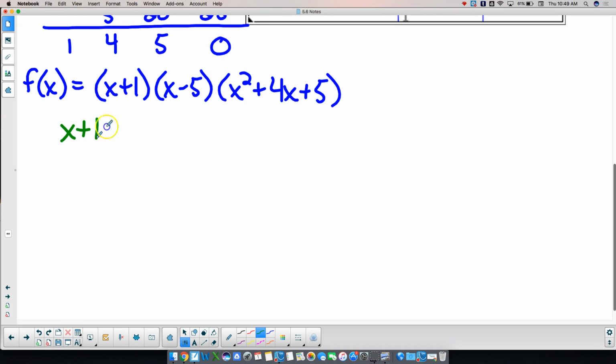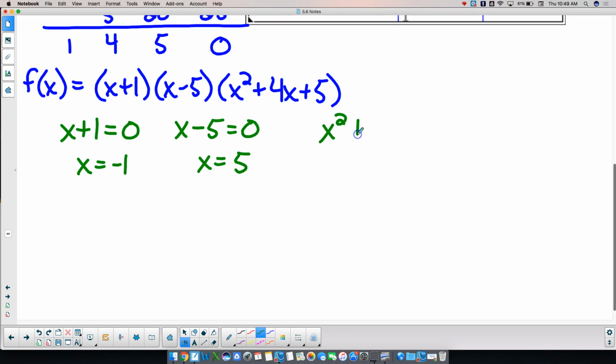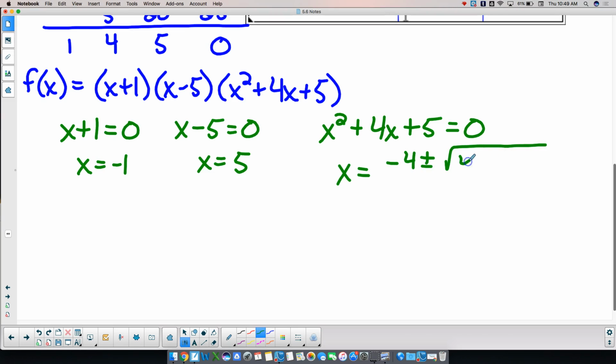X plus 1 equals 0 gives me x equals negative 1. X minus 5 equals 0 gives me x equals positive 5. X squared plus 4x plus 5 equals 0 gives me x equals the opposite of b plus or minus the square root of b squared minus 4 times a times c all over 2 times a.